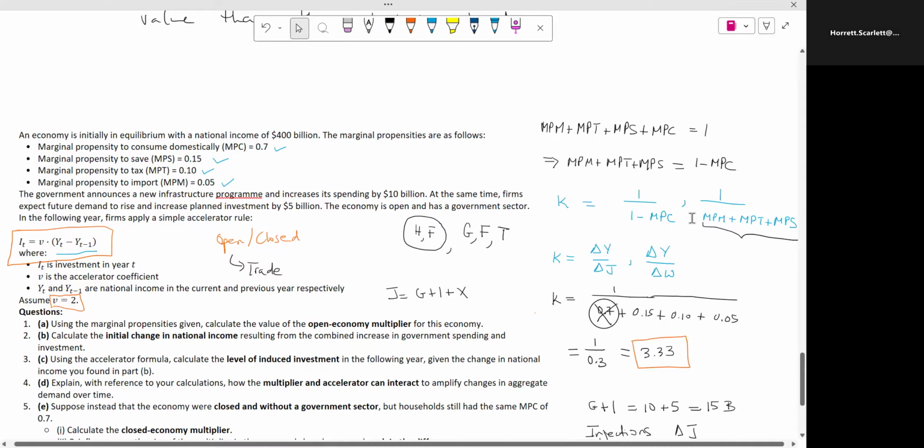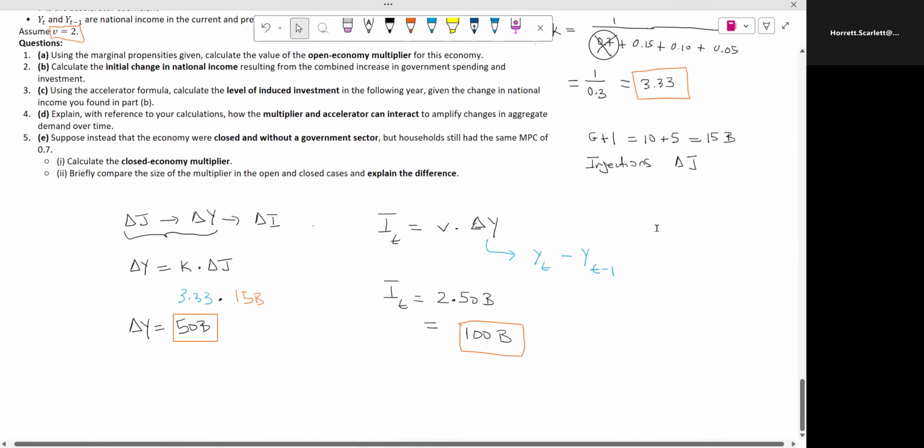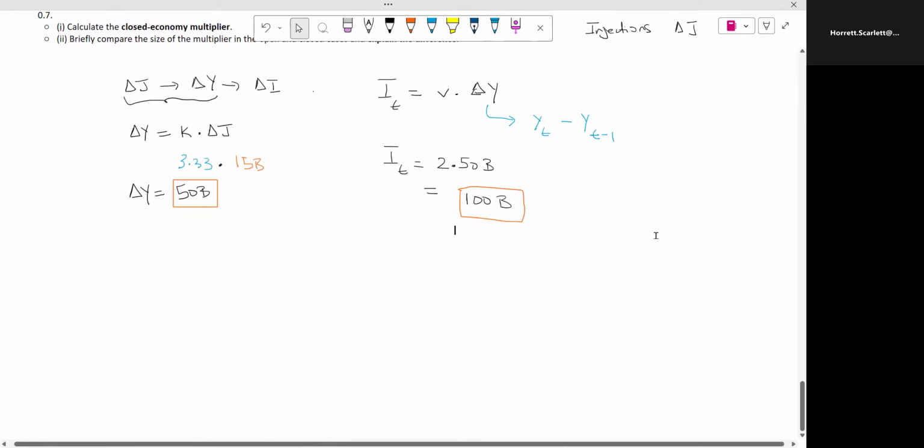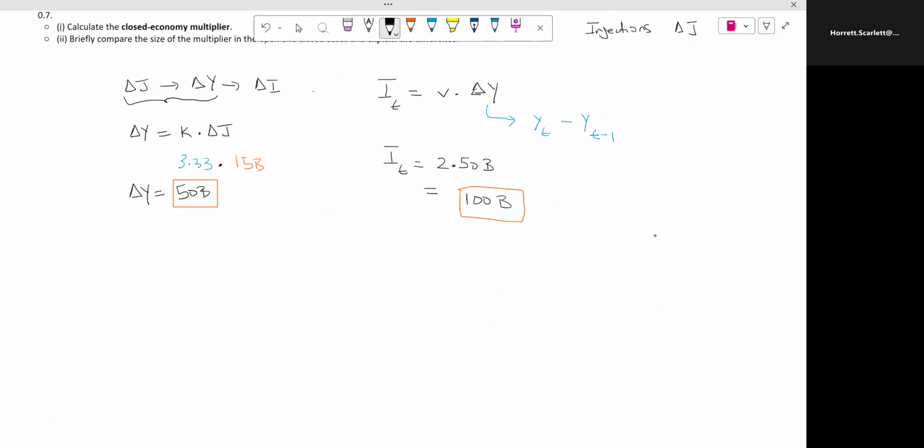In other words, we're not trading with anybody. Therefore, the import, sorry, is going to be zero. So MPM is going to be equal to zero. So we know that because we are assuming that we are now operating under a closed economy.